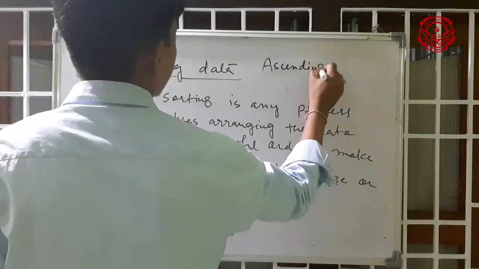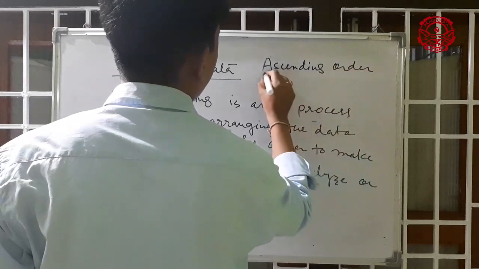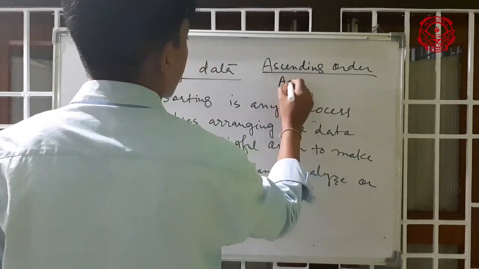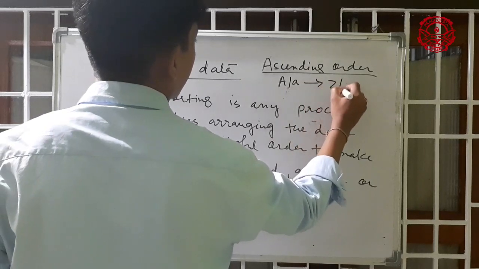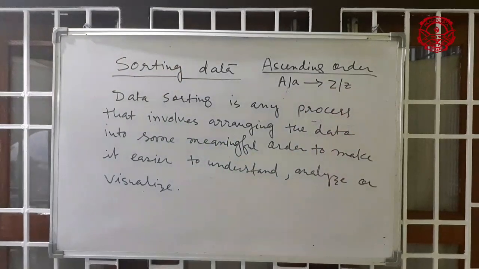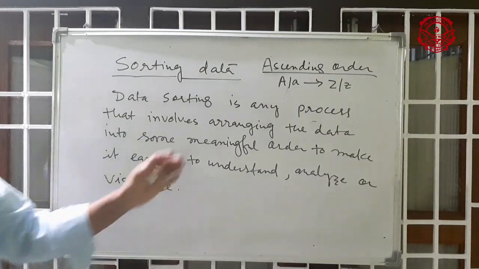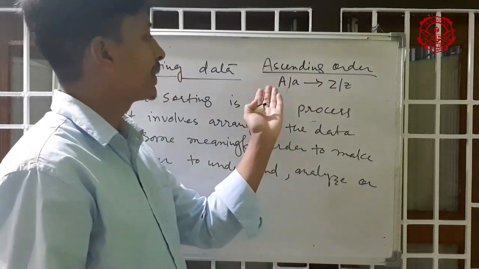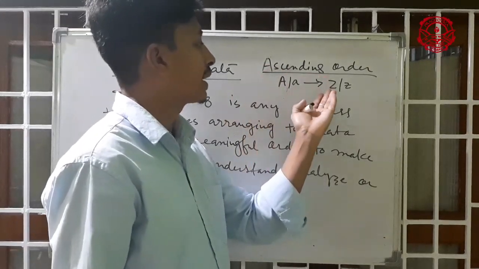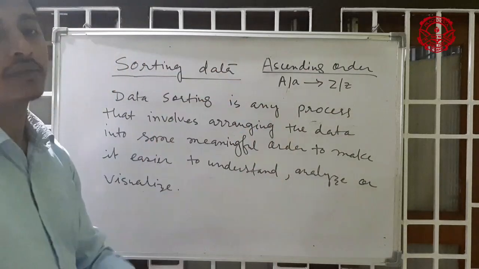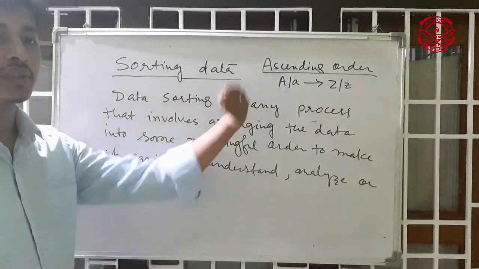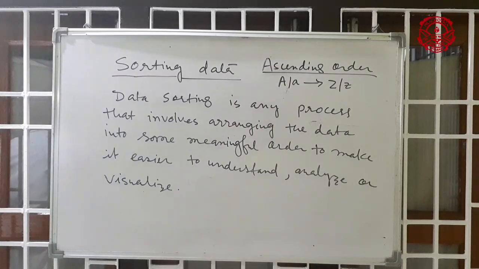Ascending order means what? A to Z, capital A or small a, to capital Z or small z. Means ascending order, in order, A to Z. Or descending order means what? The reverse. Descending order means the reverse.